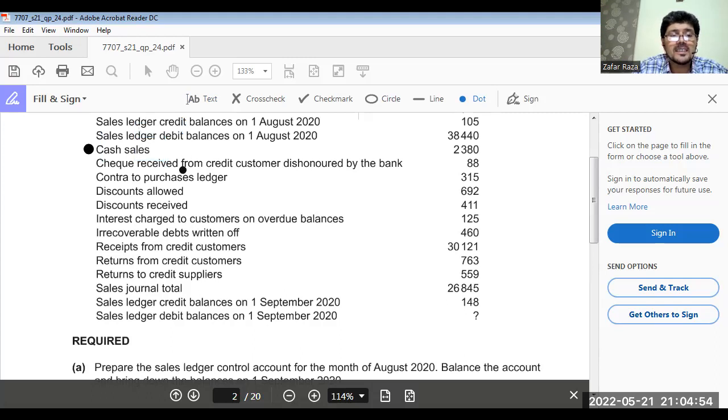Discount received has nothing to do with the sales ledger control account, nor does purchase returns.